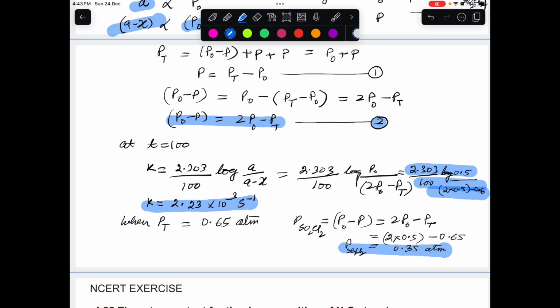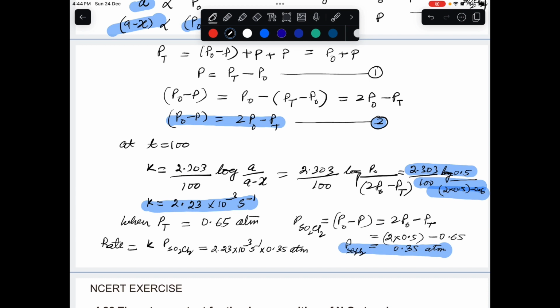Okay. Now next, what we have to calculate? We have to calculate the rate. So the rate is K times the partial pressure of SO2Cl2, which is equal to the rate constant value we have calculated, 2.23 into 10 raised to the power minus 3 per second, into 0.35 atmosphere.